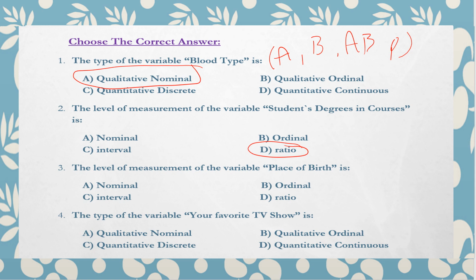So place of birth is a categorical data, cannot be classified, so it's a nominal level of measurement, and the right answer is A. The type of variable, your favorite TV show. Your TV show is a categorical data and cannot be classified, so it's a nominal variable, qualitative nominal variable, and the right answer is A, qualitative nominal variable.